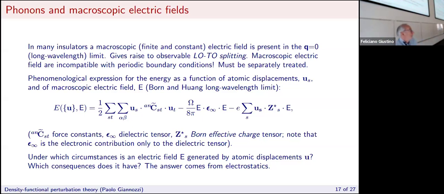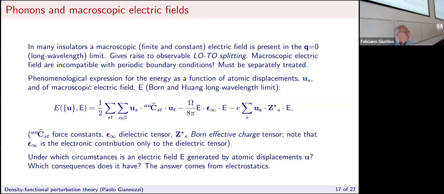In the zero wave vector limit, you may write a sort of phenomenological expression of the energy as a function of the nuclear displacement from the equilibrium positions, U, and the macroscopic electric field.